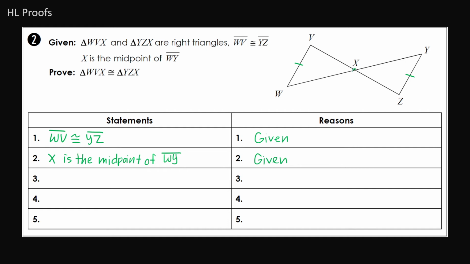So WY is here, and it's cut in half by the midpoint X. So since midpoint cuts segments in half, we know that WX is congruent to YX. The reason is that's just the definition of a midpoint. That's what midpoints do.